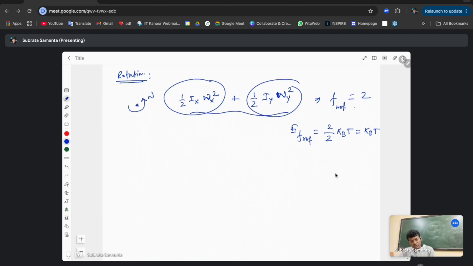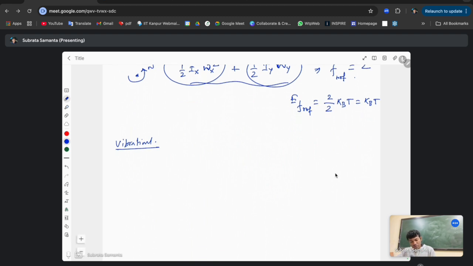For the vibrational case, this is a 3 atom molecule, so only the middle one can vibrate. Let's say it vibrates along the x direction, because the other ones are fixed.